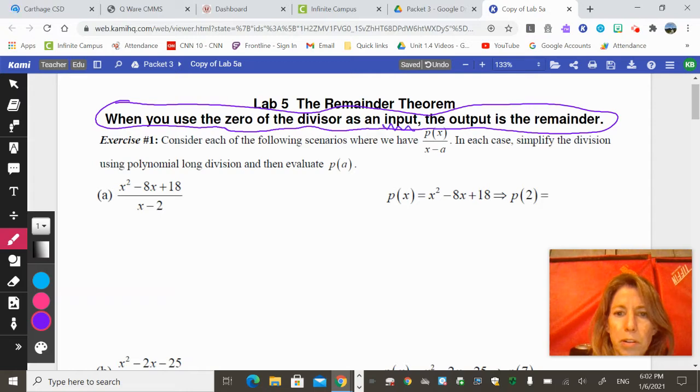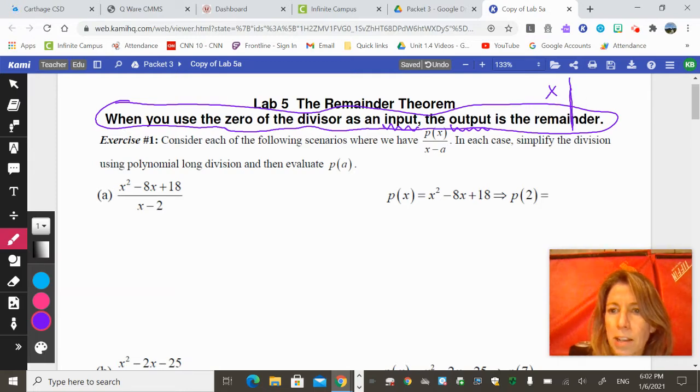So I'm going to focus on input and output. When you have a function, where it's f of x, we're used to x and y, where x is the input. When it's in function notation, instead of y as an output, we're going to use f of x as an output.